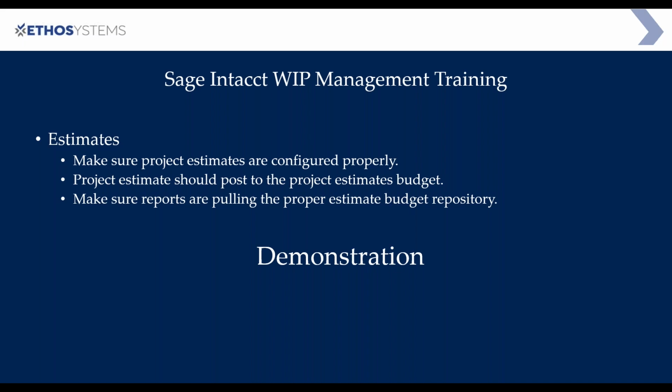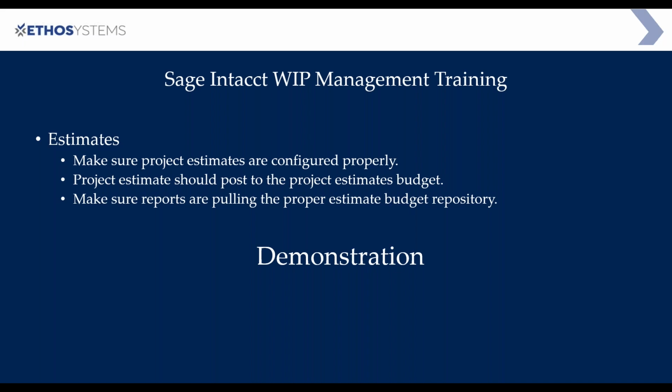You also need to make sure that your estimates are posting to the project estimate budget repository. And then lastly, you want to make sure any other supplemental reports you have are pulling the proper estimate budget repository as well.